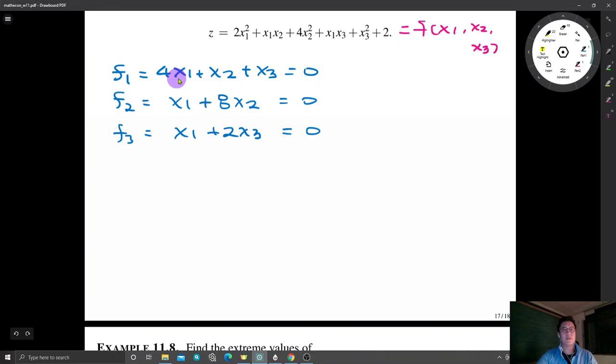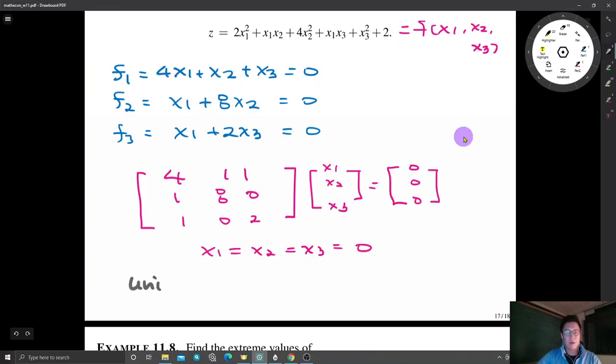The unique solution is x1, x2, x3 equal to 0, because this coefficient matrix is invertible. The determinant of this matrix is a non-zero number. I leave it for exercise. So that means the function has a unique critical point at 0, 0, 0.